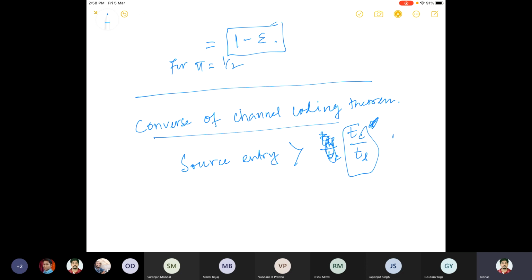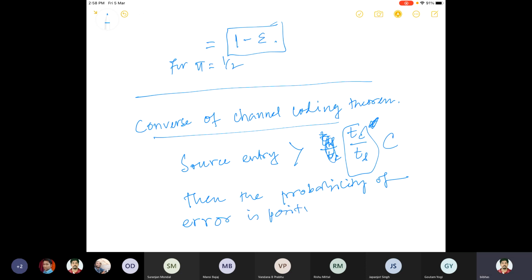So this is in time C. Okay, if this is the case, then per unit time, the probability of error is positive. So this is what we have done. Probability of error is positive.